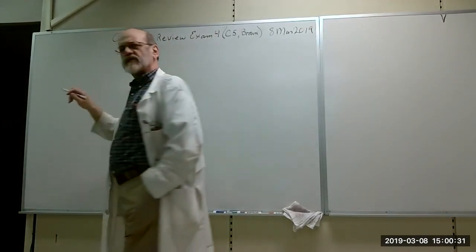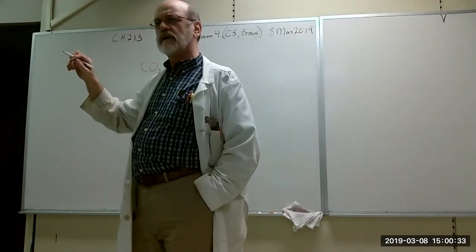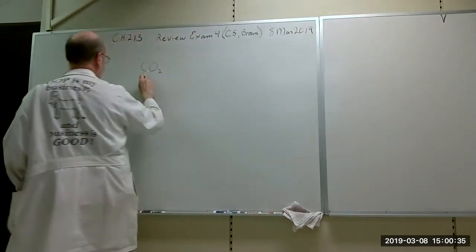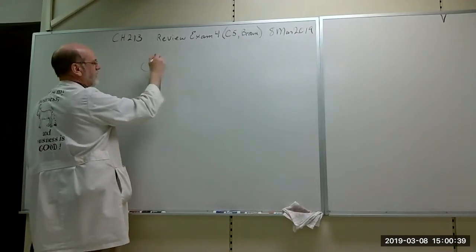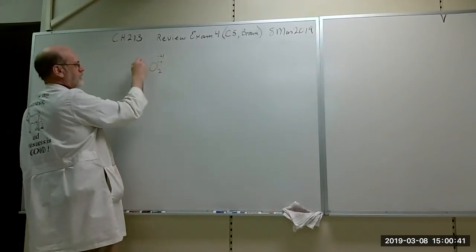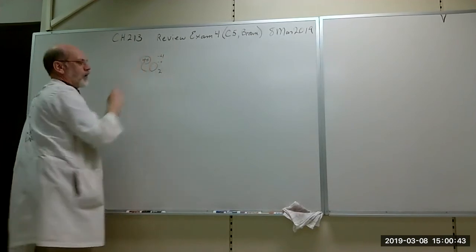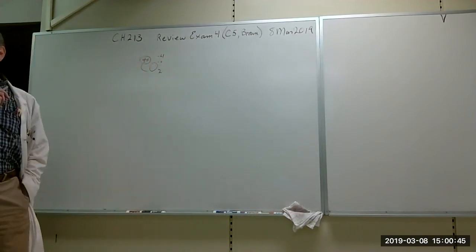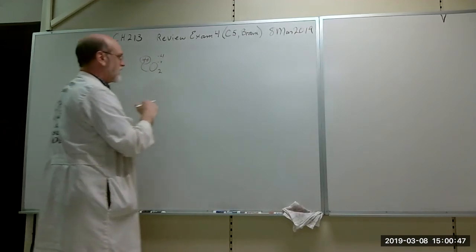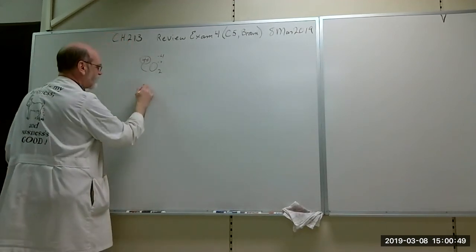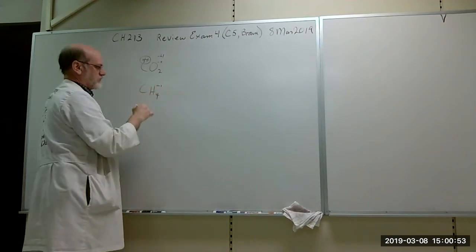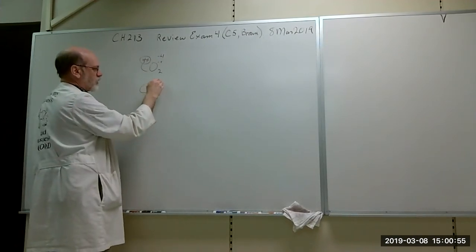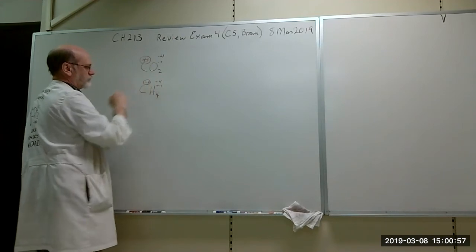So, have we done oxidation states in here? Okay. The oxidation state on carbon, if we say oxygen is -2, then that's -4 total. So carbon has to be a +4 oxidation state. Okay? Whereas methane, where hydrogen is +1, is +4 total, so carbon is -4.